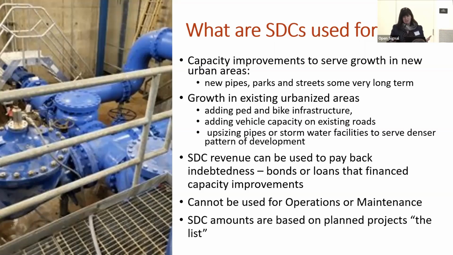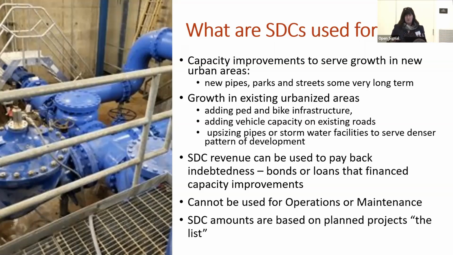And finally, just to say it again, SDCs can't be used for operations and maintenance. We can't use them to fix a sewer pipe that cracked unless it needs to be a bigger sewer pipe to accommodate growth. SDCs can't be used to just pave a street or fix potholes.